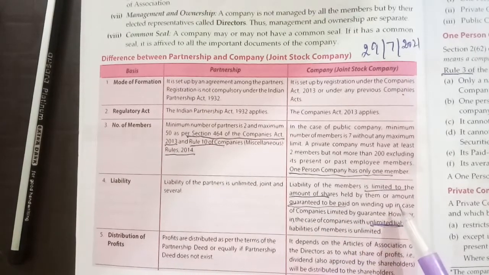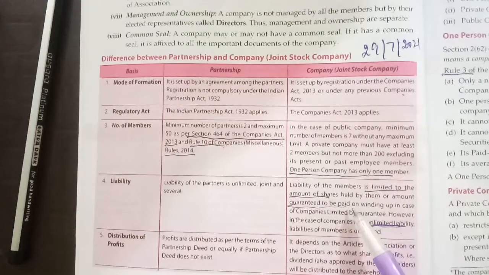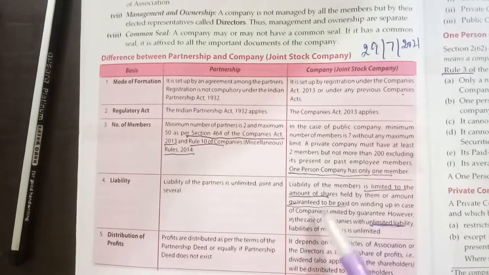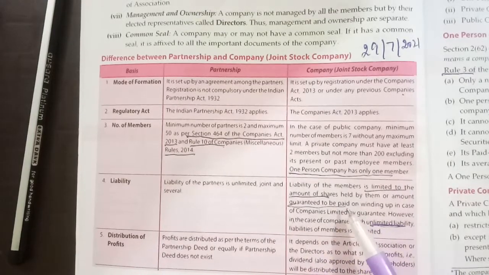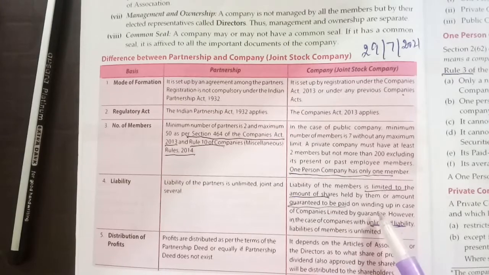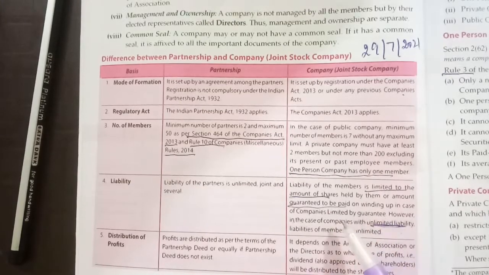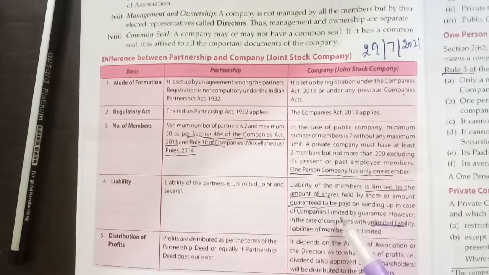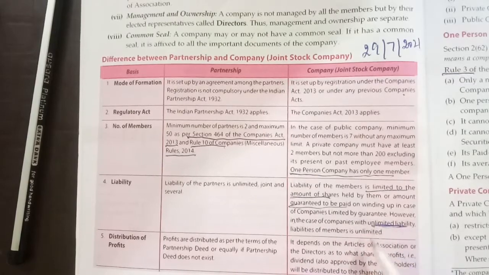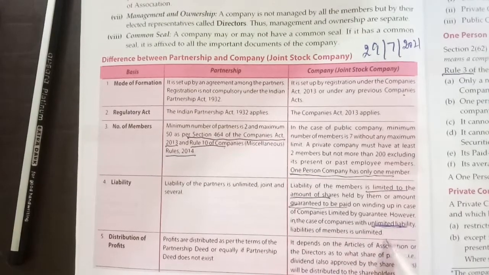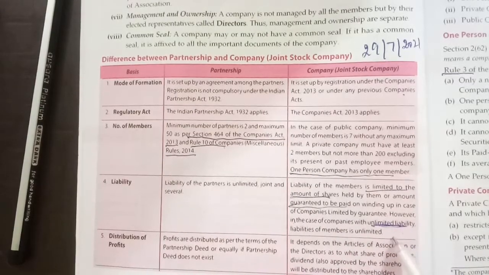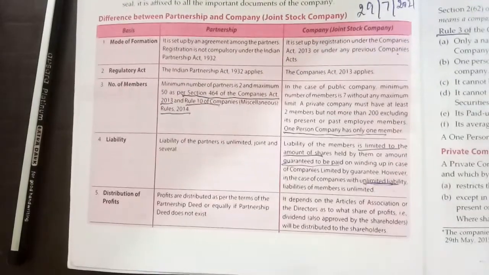Or second one, the liability of a shareholder may be restricted up to the guaranteed amount which he has committed to pay at the time of winding up. This such type of company is called limited by guarantee. Or third one, in case of unlimited liability, those shareholders' personal assets may also be utilized to pay off business debts.